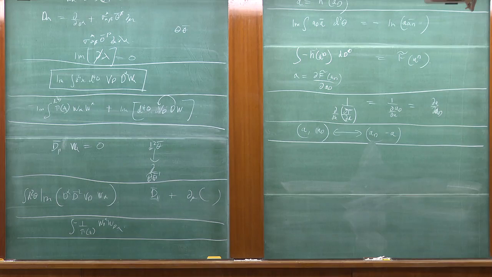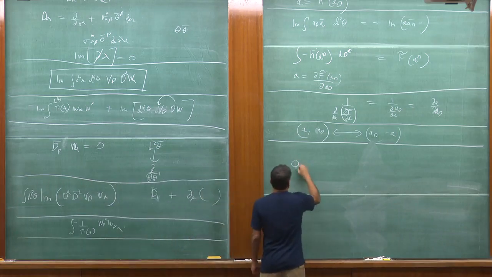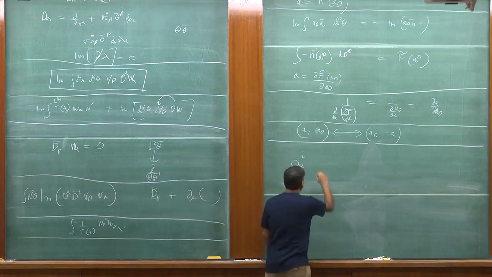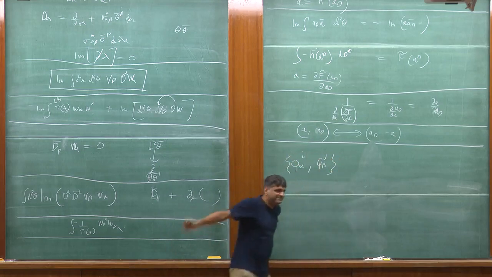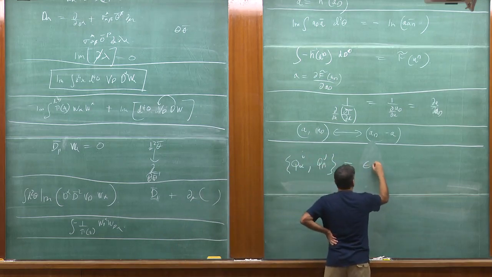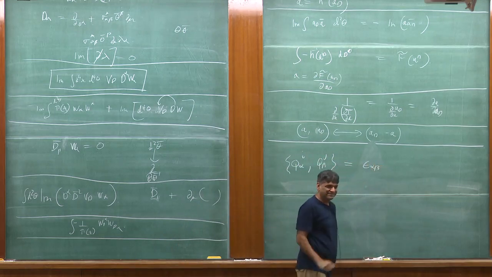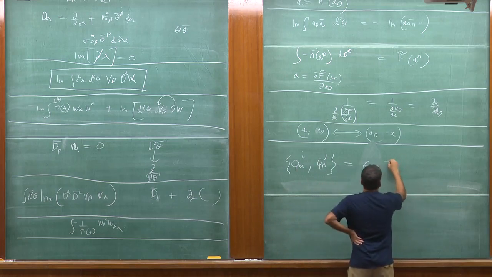And the central extension went somewhat like this: Q alpha I, Q beta J could have a term which was epsilon alpha beta times Z_IJ.